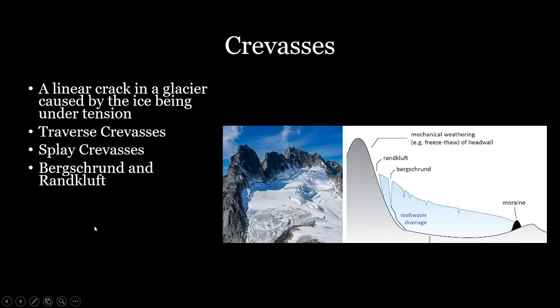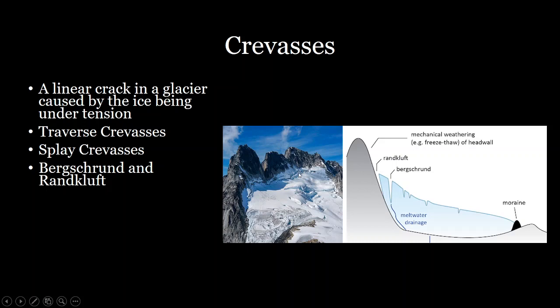Next, we have Bergschrund and Randkluft crevasses, named by the Germans. And so these are crevasses that normally form over hanging glaciers. So the Bergschrund crevasse is the largest crevasse in a glacier.